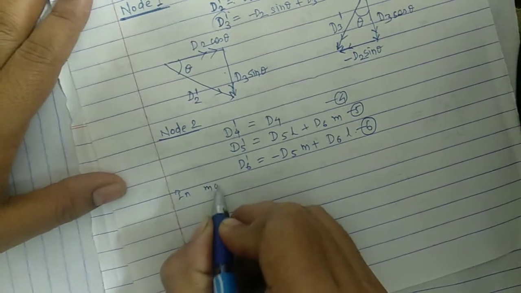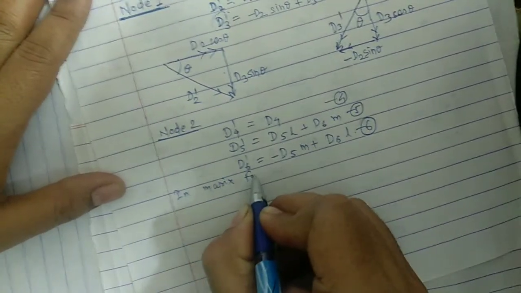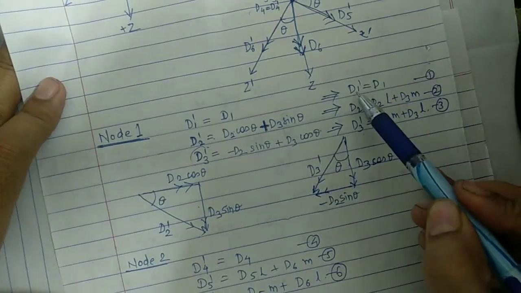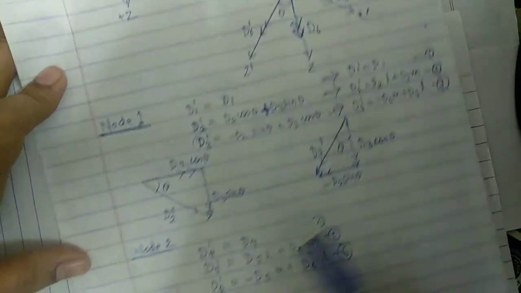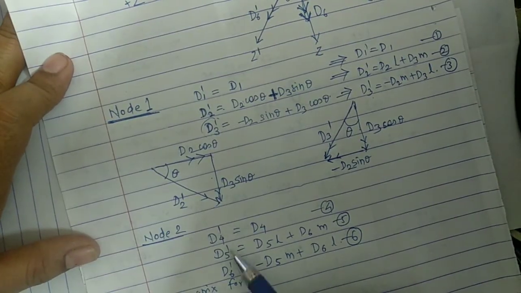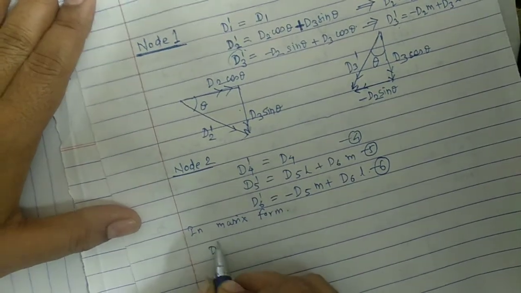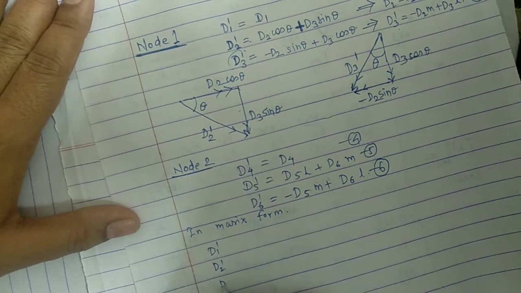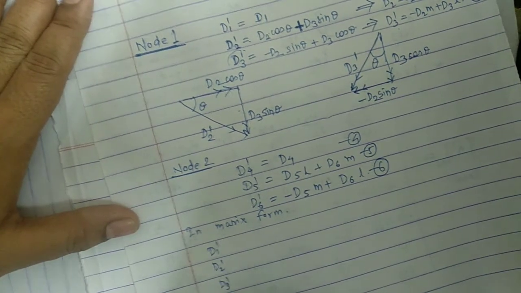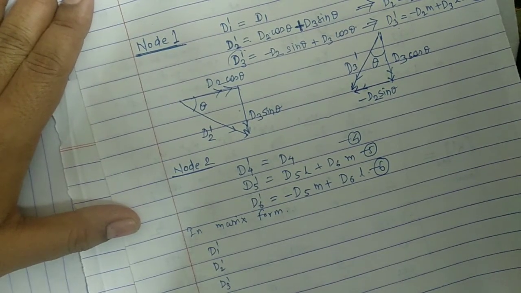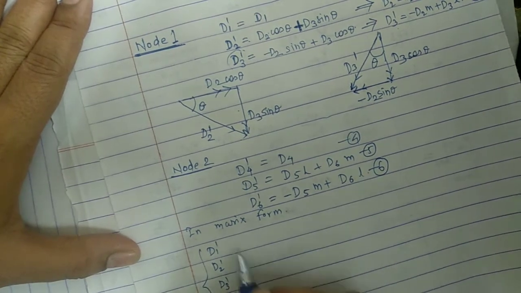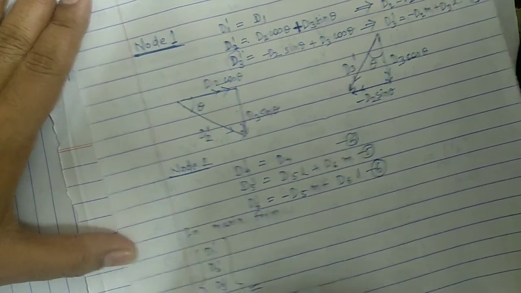In matrix form, the side on the left of the equal sign, from d1 dash to d6 dash, we will write in a single column: d1 dash, d2 dash, d3 dash, d4 dash, d5 dash and d6 dash, equal to.